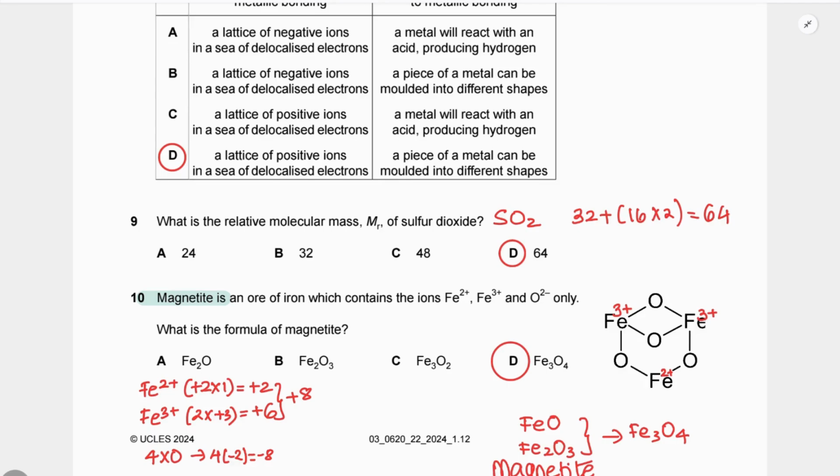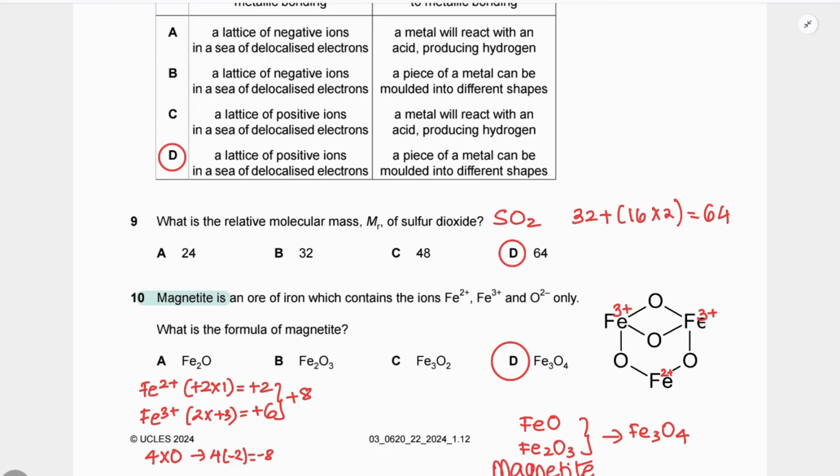The lower valency is called ferrous, and the higher valency, which is +3, is called ferric. This ferric one, the Fe3 plus ion, will be coordinated with 3 oxygen atoms: 1, 2, 3. Over here it is the same scenario, 1, 2, 3, and Fe2 will be sharing 2 oxygen. So in total we are going to get Fe3O4.